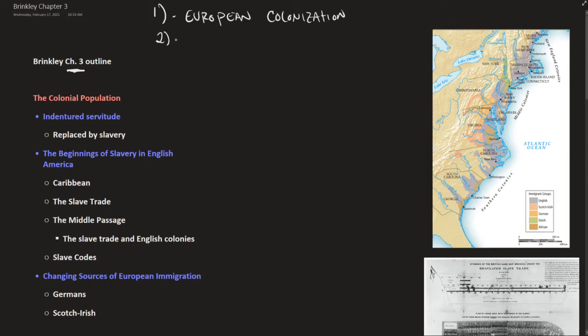Chapter 2 focused mostly on just the English colonization, pretty much how all 13 colonies came to be established. Chapter 3 is kind of looking at those 13 colonies and then saying, okay, what is the same between them and what is different between them. So that's kind of where we're at.